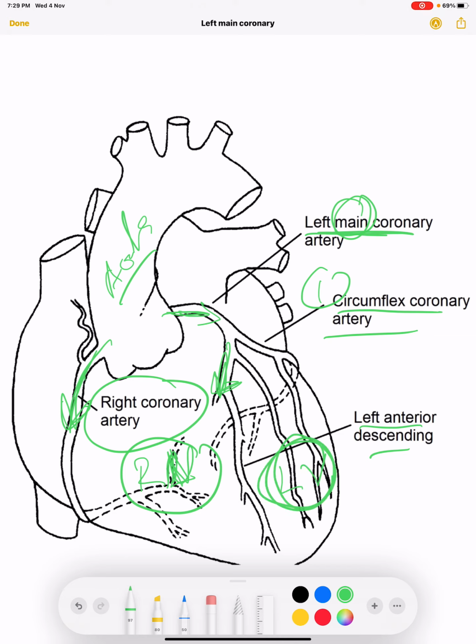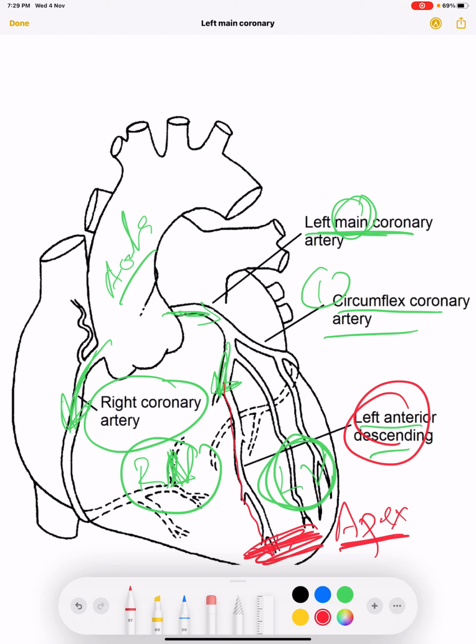One thing I forgot, left anterior descending also supplies the apex of the heart. So it goes all around to the apex, and these are the branches which I told you, septal branches, and on the left side these are diagonal branches.